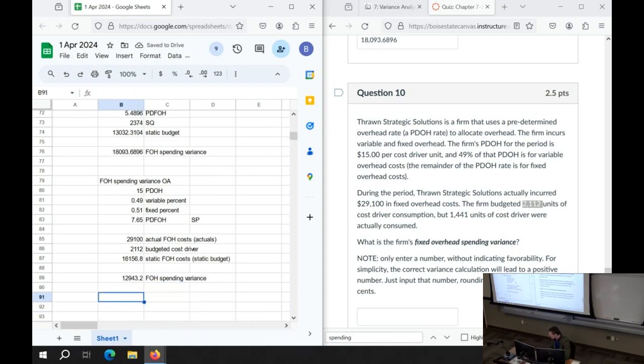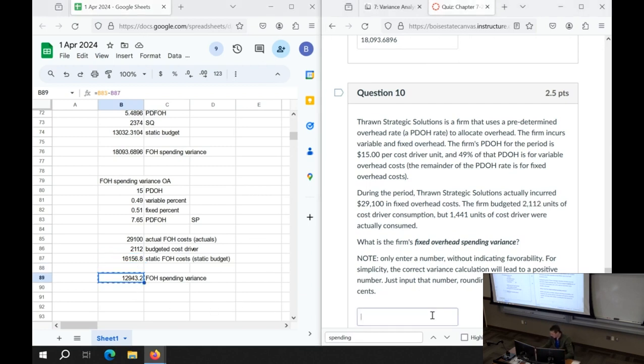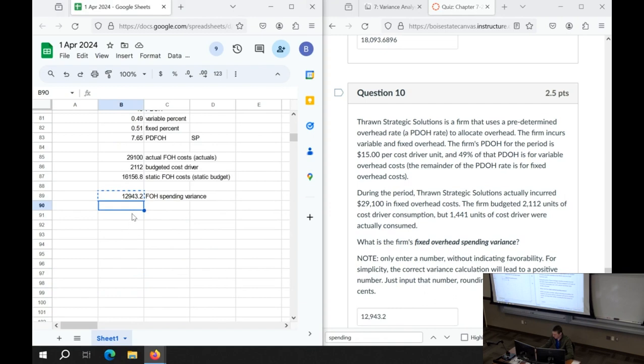Now let's see. We have our static budget amount now. And if we can figure out the applied amount, which I think we can, we subtract the applied from the static budget amount, and that'll give us our volume variance. Okay, just to be clear, this is the answer for this question. It should be. So we would have applied based on 1,441 units of actual cost driver consumption.